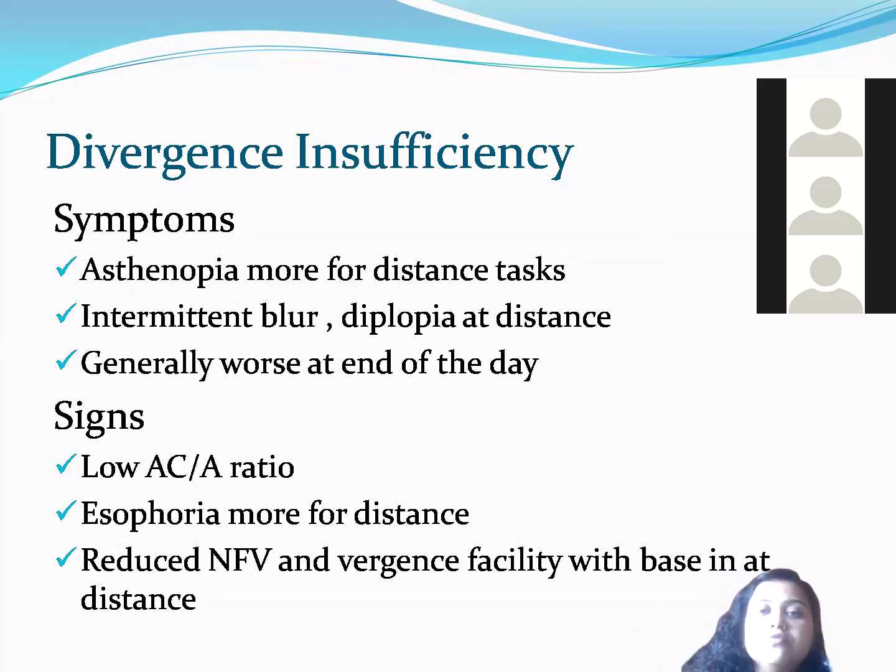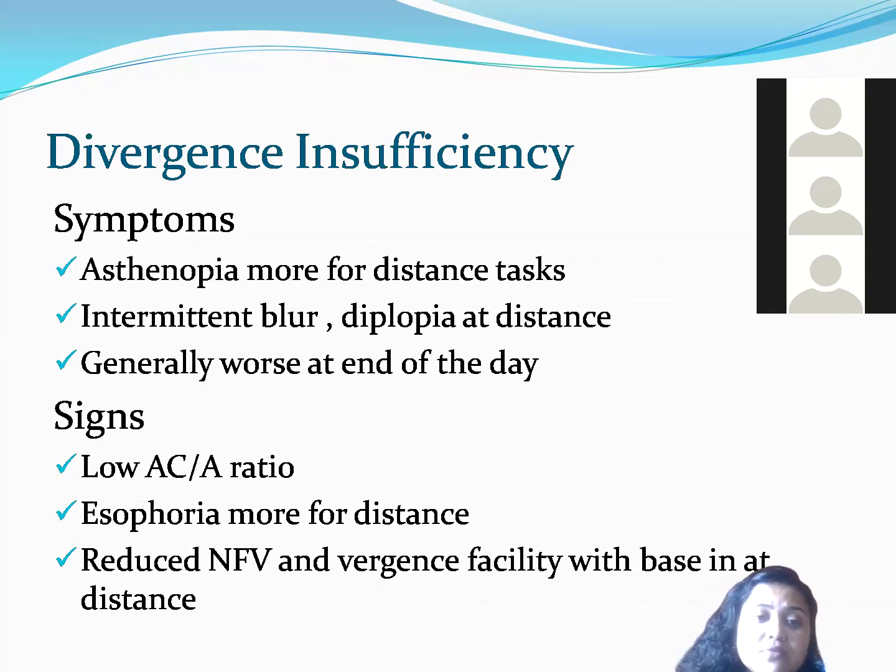Mostly they will be having a hyperopic correction. They might have a latent hyperopia. When we are doing a retinoscopy, you can find that the patient might have a +1, +1.25, maybe accepting a +0.25 or +0.5. Those patients come with divergence insufficiency.